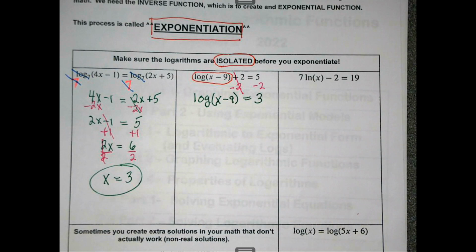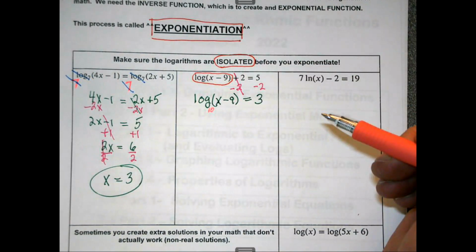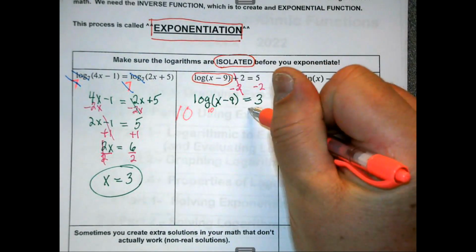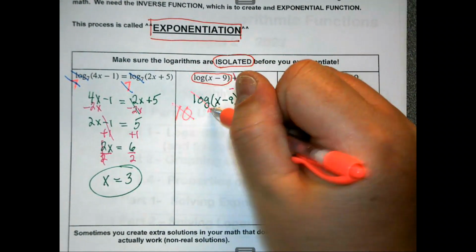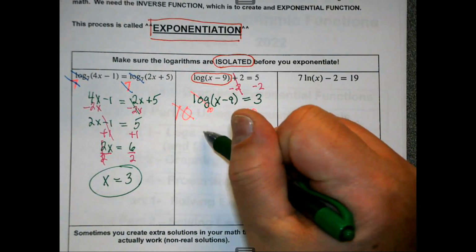Now, what am I going to use for the base for the exponentiation? What's the base of my log? 10. Good, Eddie. Okay, remember, if there's nothing there, it's the common log, base 10, so I need to use 10 to exponentiate. So these cancel, right? So I get my x minus 9.